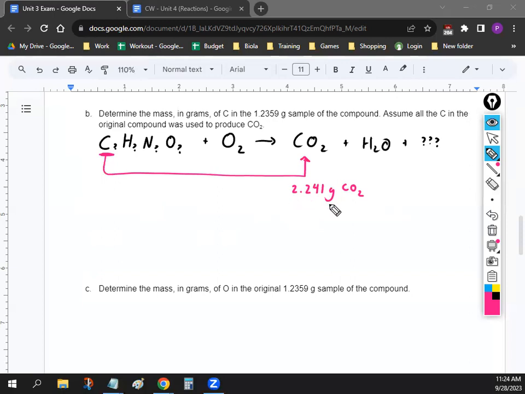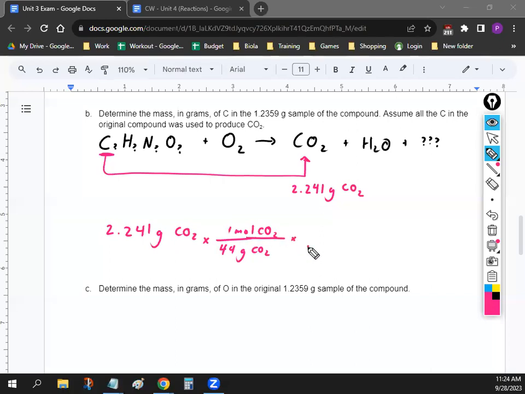Okay. Well, if we know the mass of CO2, we can figure out how much carbon is inside of that CO2, right? We just need to do a little bit of dimensional analysis. So we can get our starting number of 2.241 grams of CO2. And if we just want to find the carbon in there, you could turn it into moles. So we can say 44 grams of CO2 in 1 mole of CO2.